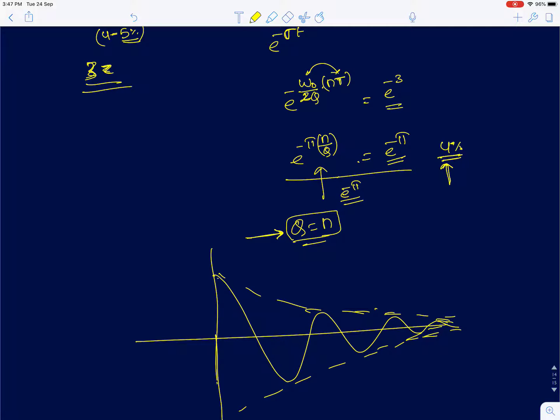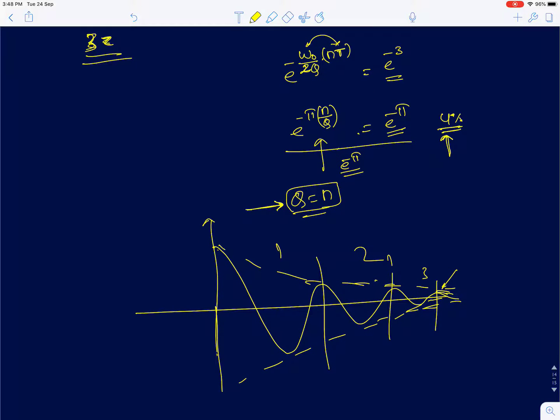You just have to count the number of cycles: 1, 2, and say by the third cycle it comes to nearly 4%, then Q is equal to 3 for this system. 4% will be very close to 0. So when you are visually inspecting an impulse response, you can simply count the number of visible cycles. Of course, if you zoom in on this region, you will find more cycles.